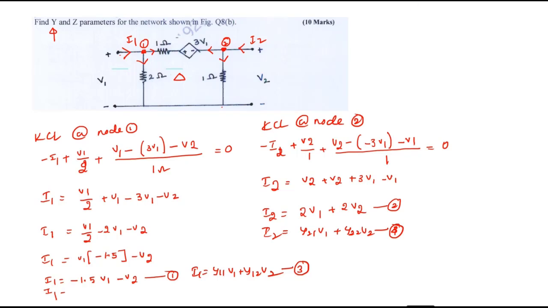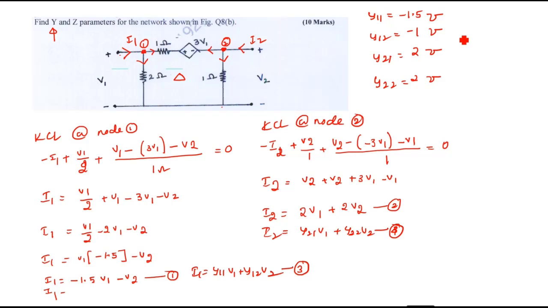After comparison, I will get y11 equals minus 1.5, y12 equals minus 1, y21 equals 2, y22 equals 2. The unit is mho or Siemens.